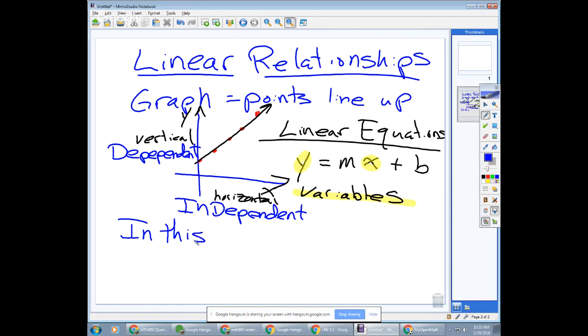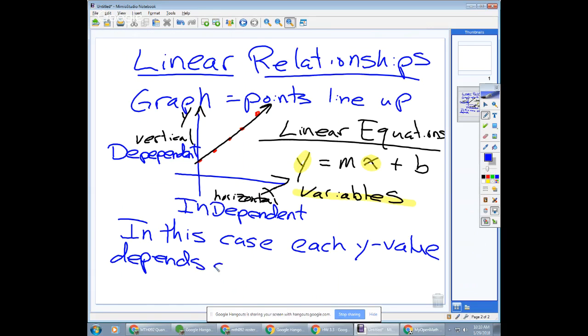So in this case, each y value depends on a certain x value. That's why we call the y the dependent variable when we write the equation this way.